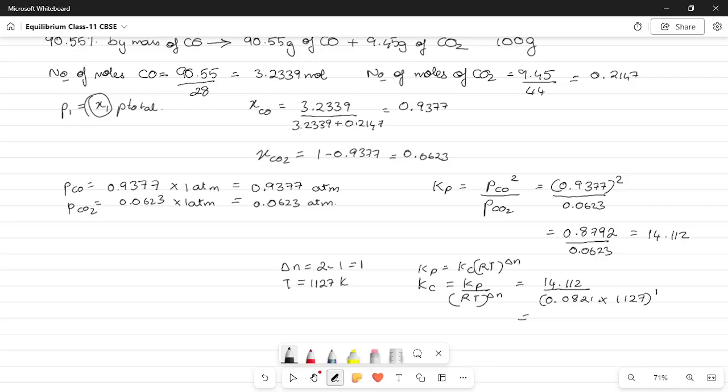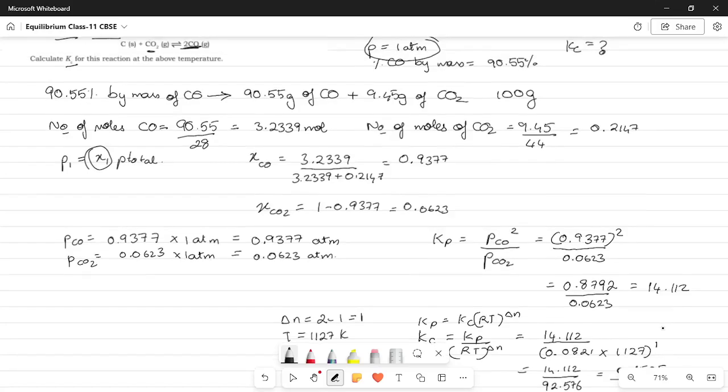When you simplify this, you get 14.112 divided by 92.576, and this gives us 0.1525. So this is the value of Kc.